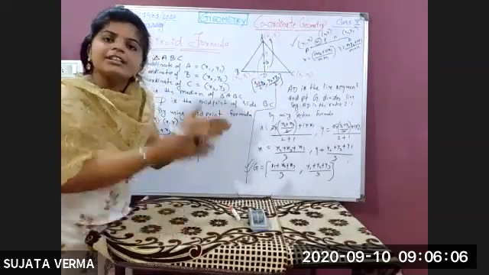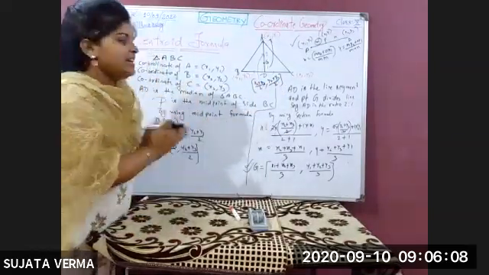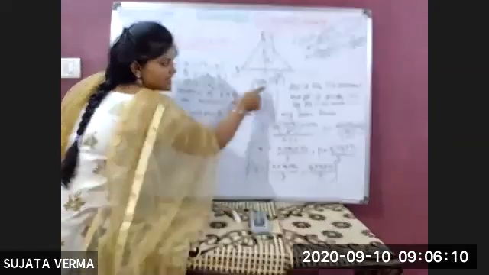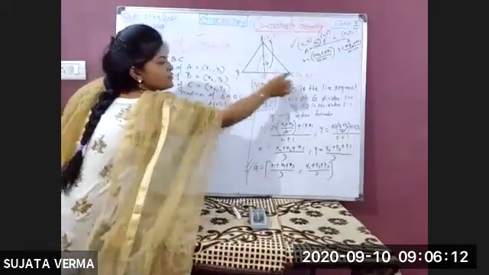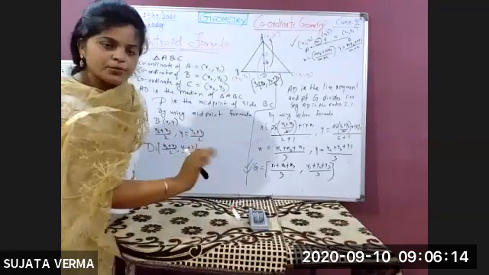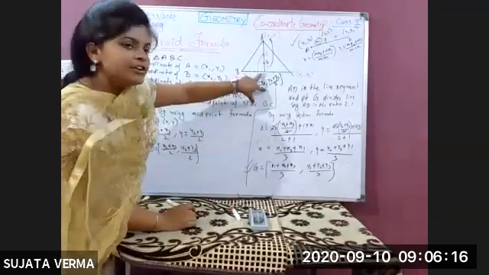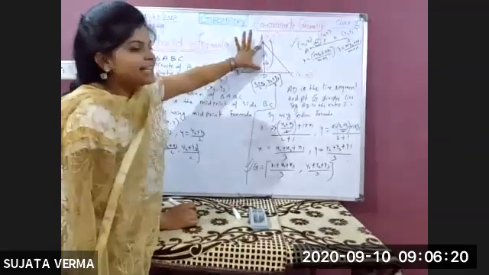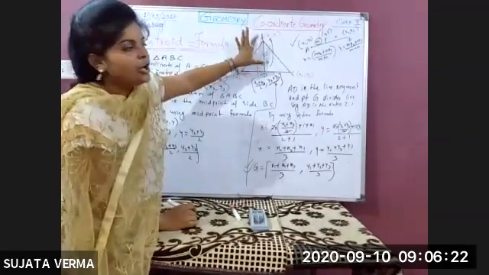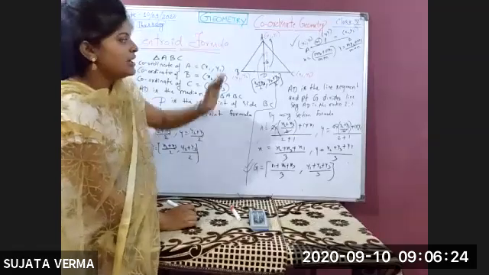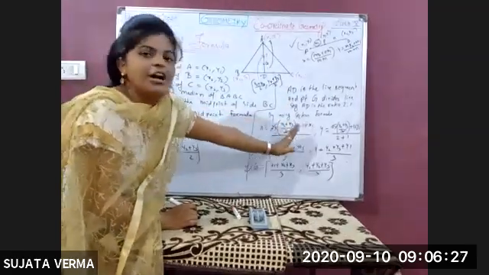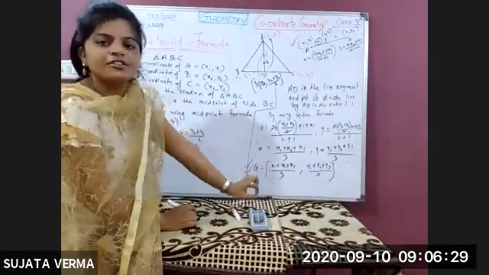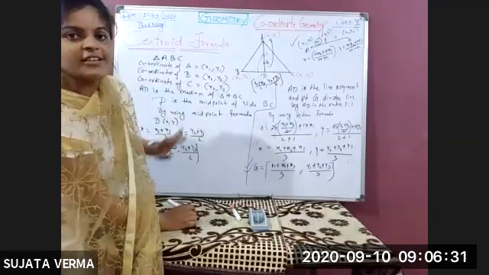Then we apply the midpoint formula, x2 plus x3 divided by 2, y2 plus y3 divided by 2. When we get the coordinates of point D, we apply the section formula on this line segment. By using the section formula, we get the coordinates of G. Okay, take this screenshot.